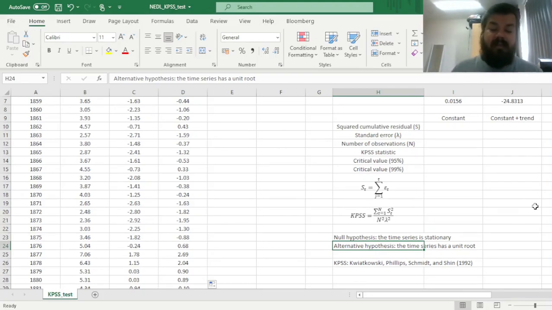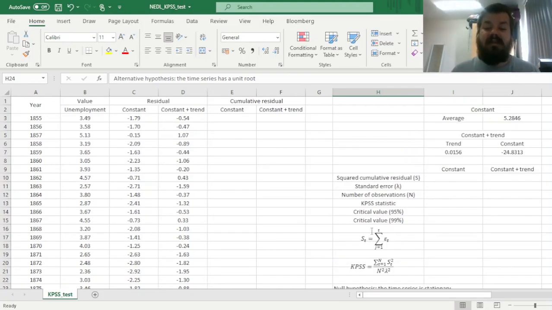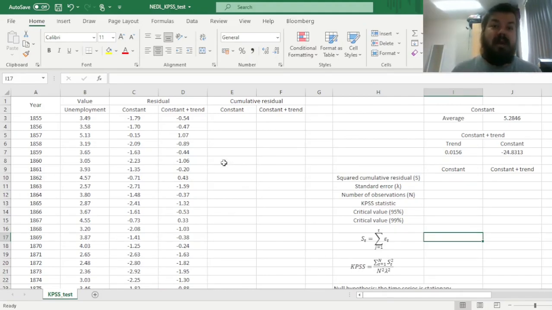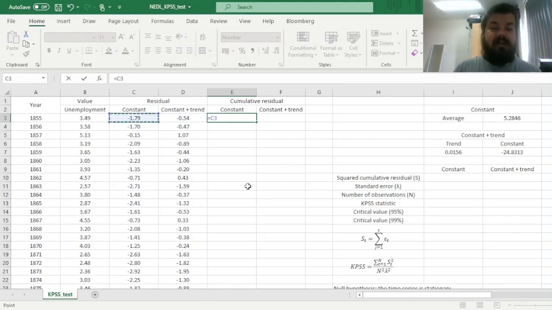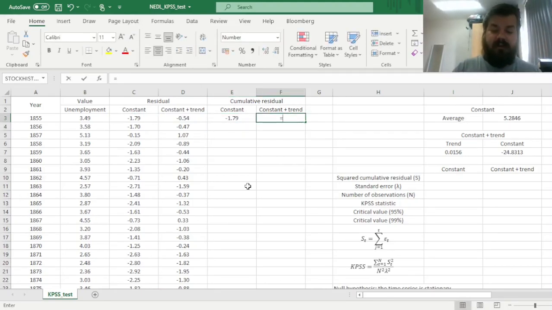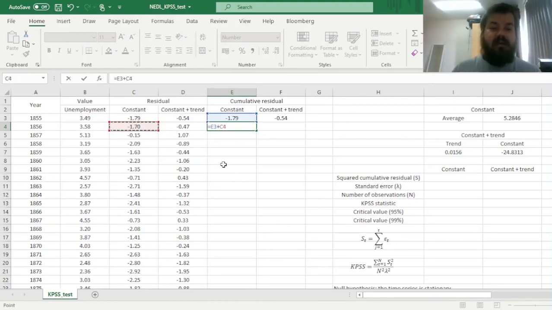And the idea is to calculate cumulative residuals, that is S_t, over here the notation is quite simple, across the whole sample. So we start calculating cumulative residuals for both specifications, starting with the first residual, and then adding up the next residual to our previous value of the cumulative residual. So those are just cumulative sums.